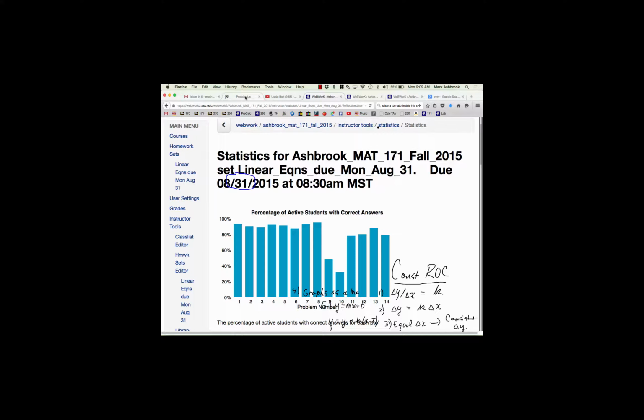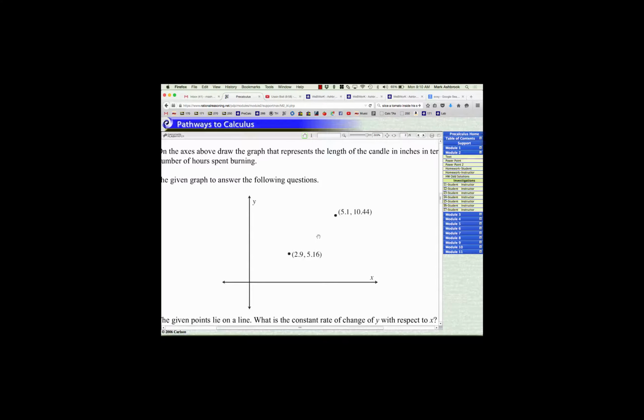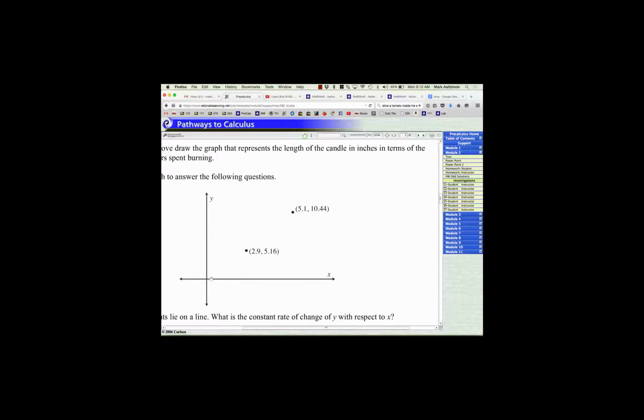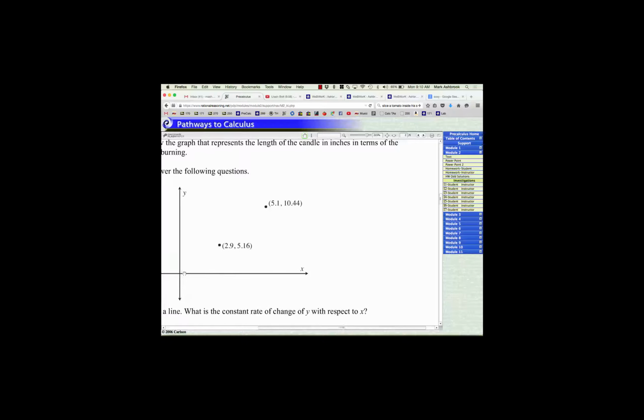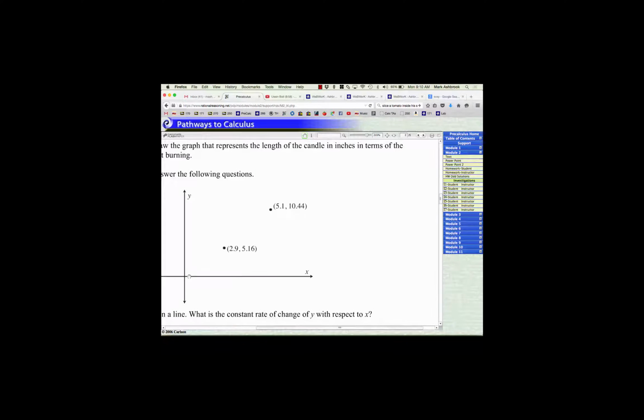Okay, so I think we left off last time with this example, right? And so, what did we do? Did we use the process to find the equation of the line, or to find something else?